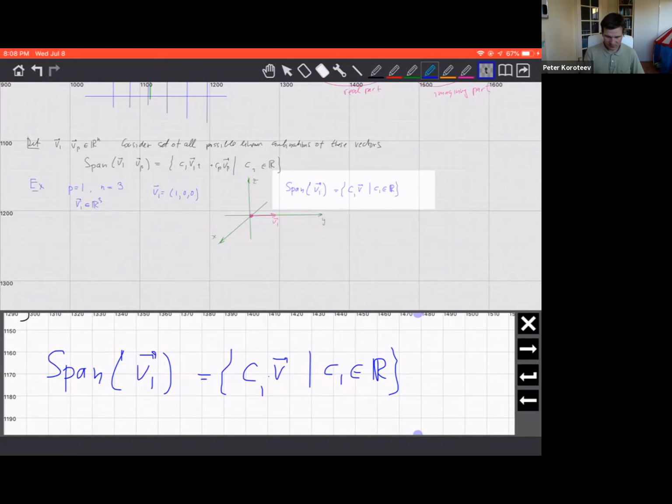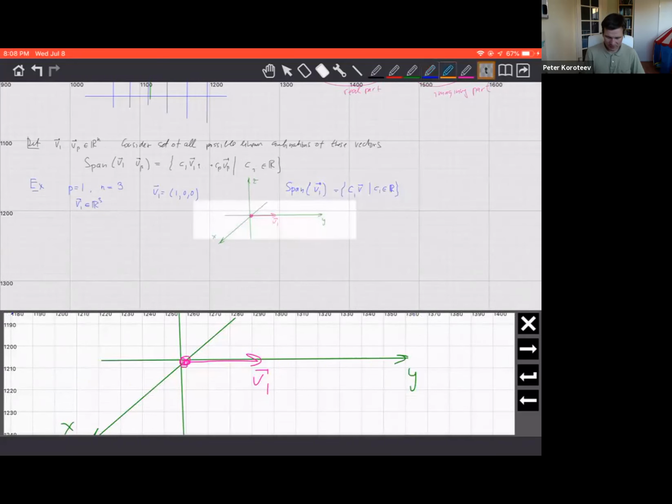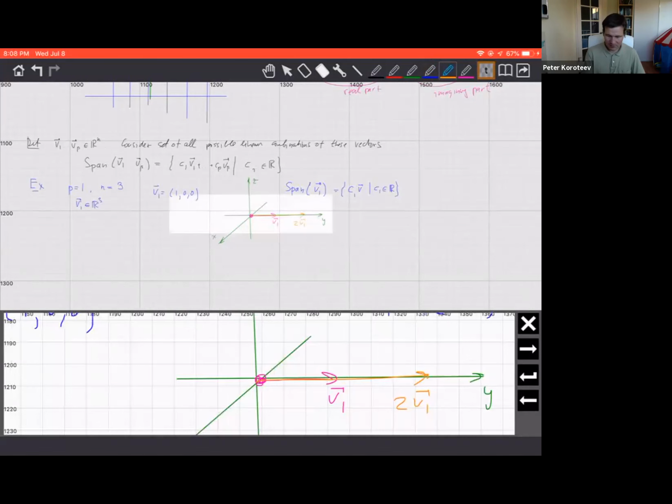If this is v1, let's multiply v1 by 2, so that's 2v1. Then let's multiply it by -1, that's -1 times v1.